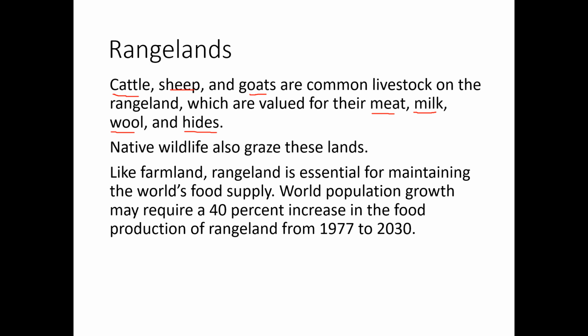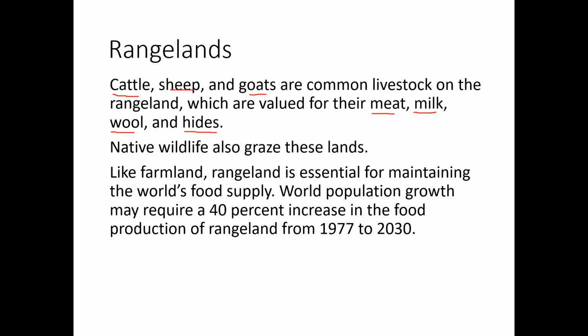And like farmland, rangeland is essential for the world's food supply, and that's because we're growing our meat, like the cattle that we eat, for our steaks and our hamburgers and stuff like that. And so if we don't sustain our rangelands, we're not going to be able to feed the world population growth.